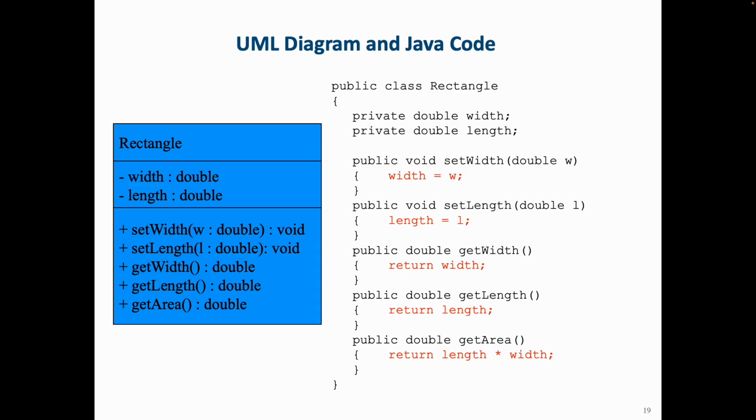At the top I see the class name, Rectangle. Here I see the attributes, width and length. Double is their data type. You see that negative sign? It means that it is private. It has a strict notation. Below the line, we see the functions. The function names are all public, because there's a plus sign there.